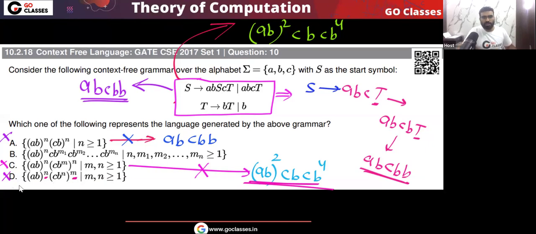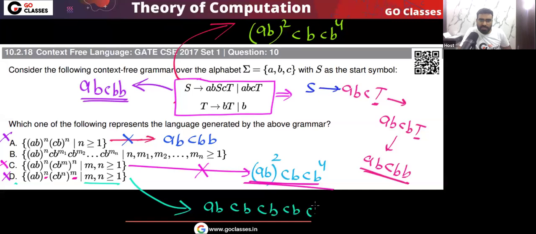Is this clear? Actually option D will generate what? From option D, you can generate, for example, this type of string. If I put n equal to 1 in option D, then you will get ab, then you will get cb, but remember m is greater than or equal to 1, so you can get ab, cb, cb, cb, cb.